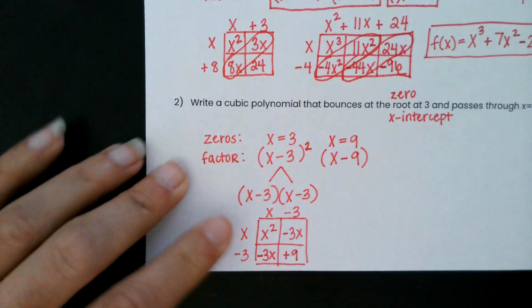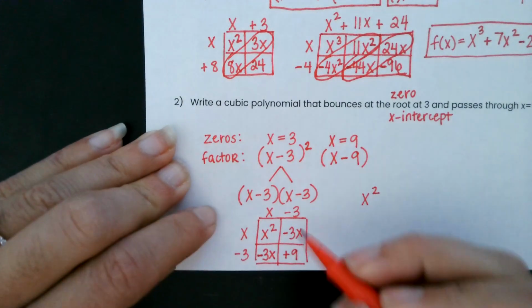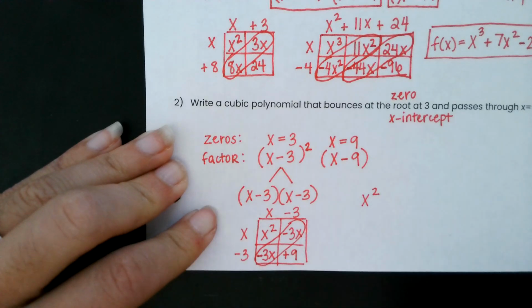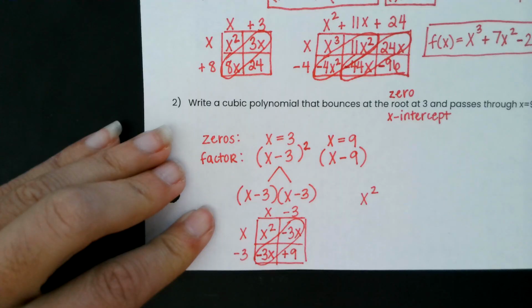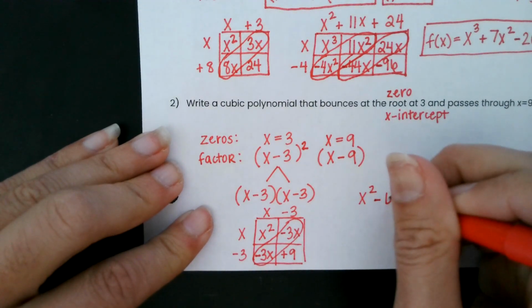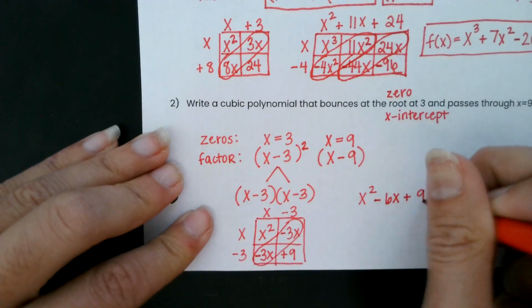Excellent. So x squared would go at the front. In these boxes, what's negative 3 and negative 3 added together? Negative 6. Yep, negative 6x. And then the plus 9 at the end.